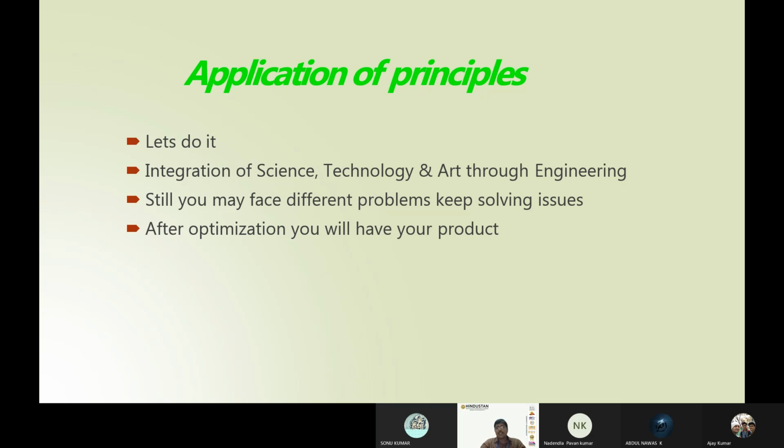And the next thing is the application of principles. I think we know that in most designs there will be an integration, a combination of science, technology, engineering, and arts. So whether the perfection is there in all the areas or only at the end, in the art, the beautification.